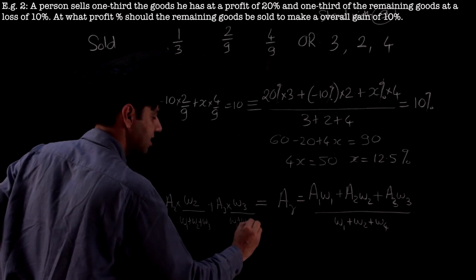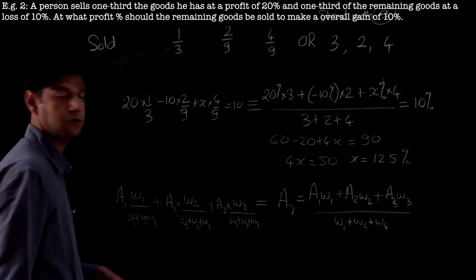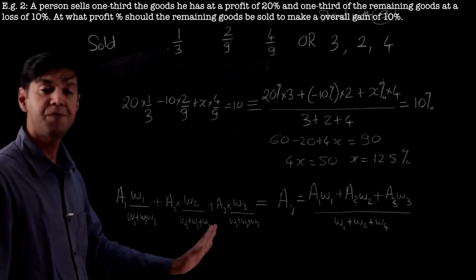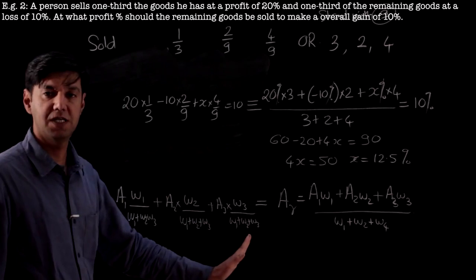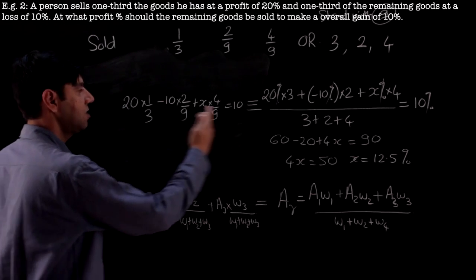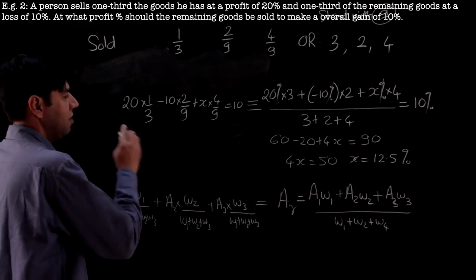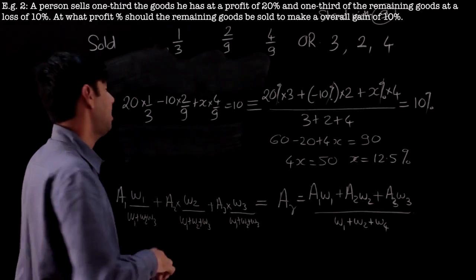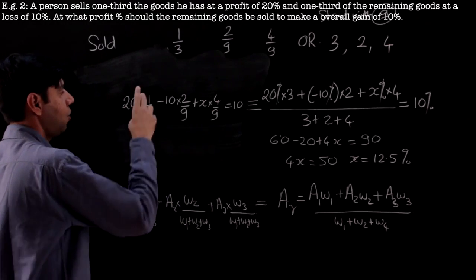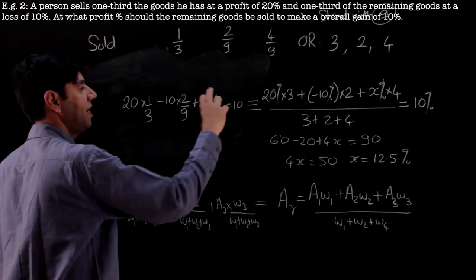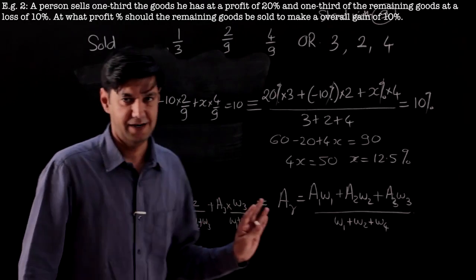Occasionally some textbooks or some engineers, those who have studied it earlier in a different way, would be more accustomed to this formula. So if you see this format of weighted average, where there is no denominator, you can safely guess or you can check that the sum of weights is going to be 1.